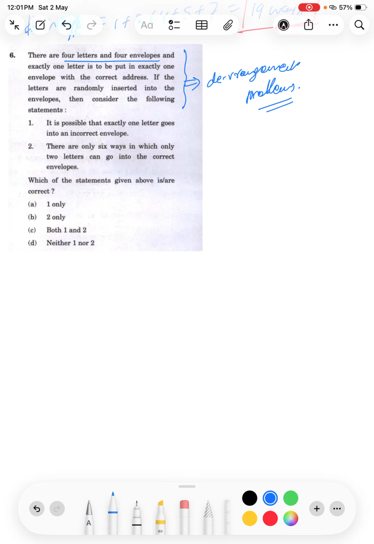The question is saying that there are 4 letters and 4 envelopes, and exactly 1 letter is to be put in exactly one envelope, as in one-to-one mapping, with the correct address. Envelope will have address written on it. If the letters are randomly inserted into the envelopes, then consider the following statements.